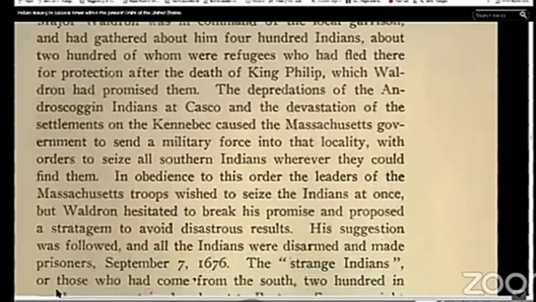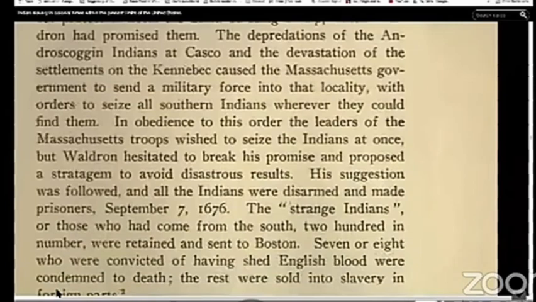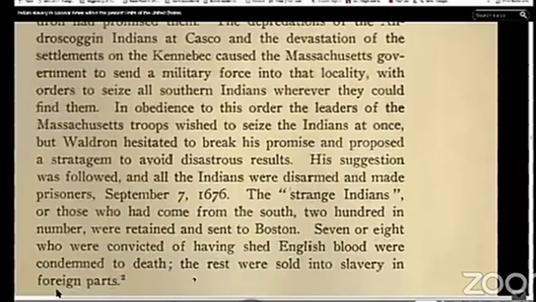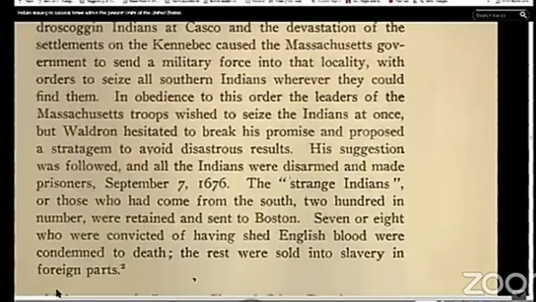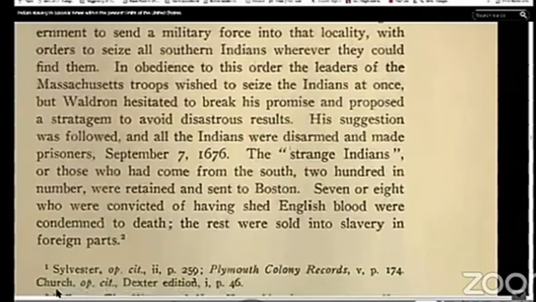In obedience to this order, the leaders of the Massachusetts troops wished to seize the Indians at once, but Waldron hesitated to break his promise and proposed a stratagem to avoid disastrous results. His suggestion was followed, and all the Indians were disarmed and made prisoners.